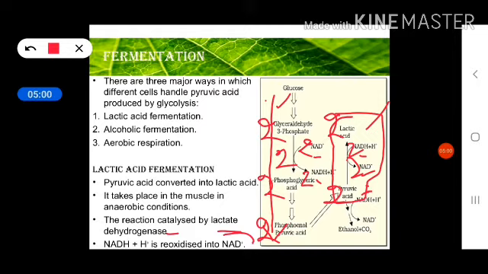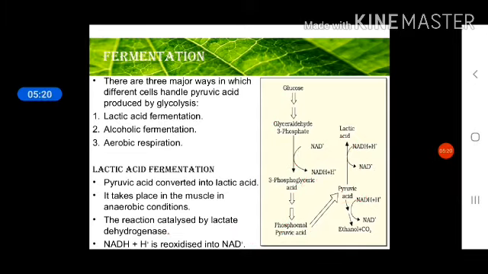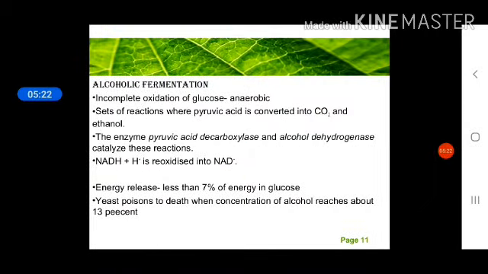In the first step, pyruvic acid releases one molecule of CO2 through the enzyme pyruvic acid dehydrogenase, and in the second step, it forms ethanol when we utilize the alcohol dehydrogenase enzyme. Here, NADH plus H plus is oxidized in the second step into NAD plus.